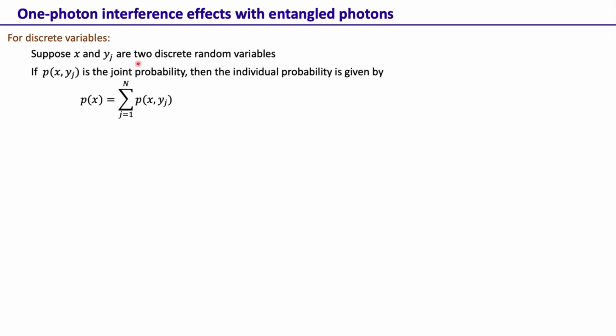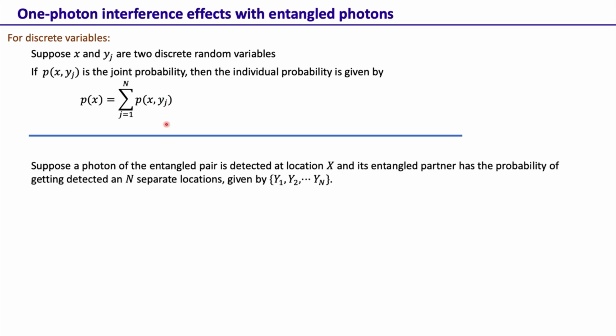Suppose x and yj are two discrete random variables, and if p(x, yj) is the joint probability, then the individual probability p(x) is just given by this quantity. So p(x) can be written in terms of the joint probabilities p(x, yj), where yj, j from 1 to n, forms a mutually exclusive set. So by knowing the joint probabilities, one can calculate the individual probability. Of course, this needs to be a complete set and the yj's are mutually exclusive.